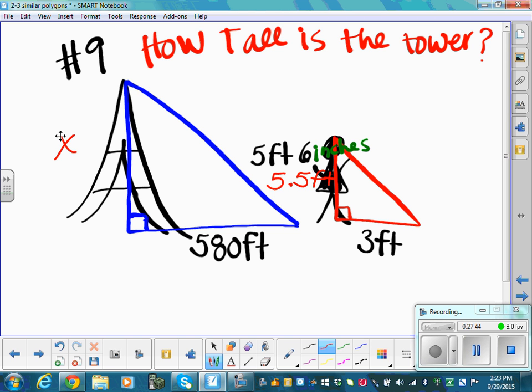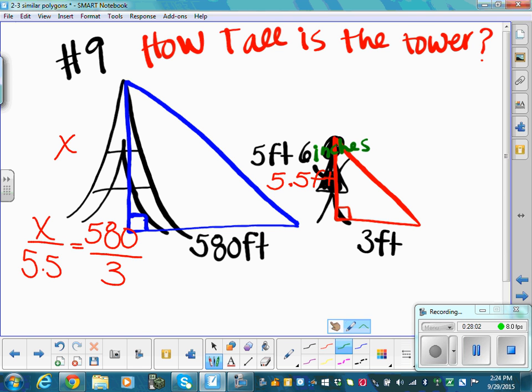All right, so now that we've converted it to make sure we're not using different measurements, we can set up the ratio of corresponding sides. So I'm going to go big to small. So x over what, Brian? 5.5. 5.5 is equal to 580 over 3. Now we're solving for x.